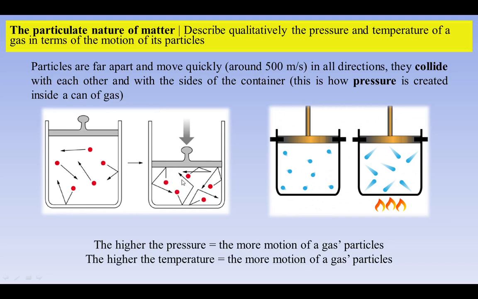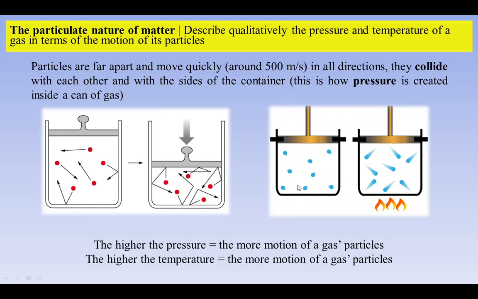So this will increase the pressure inside this container. By decreasing the volume, we are forcing those particles to hit the walls of our container, which will increase the pressure. Okay, good.